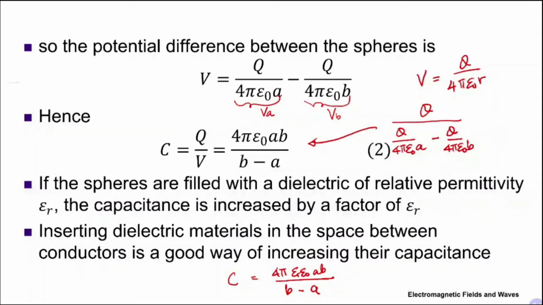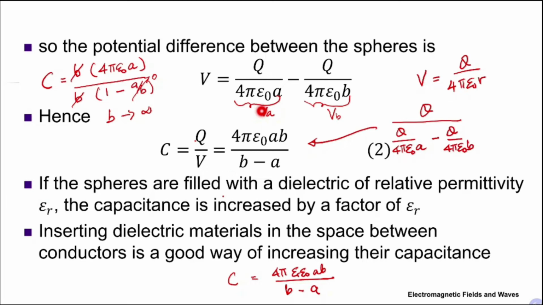You can prove this by taking B out as a factor, and if B becomes very large, goes to infinity, then this becomes 0. And therefore you end up with 4 pi epsilon naught A. Okay, so that is when B becomes very large.